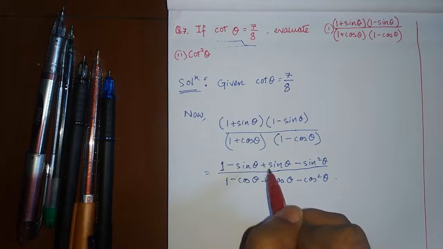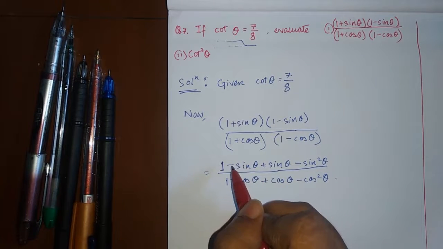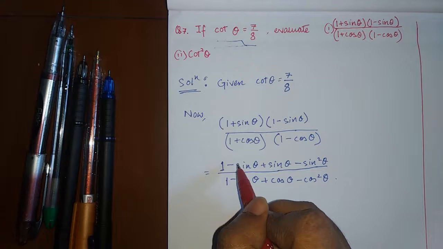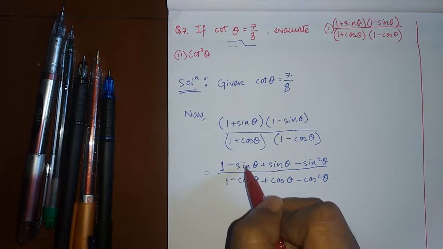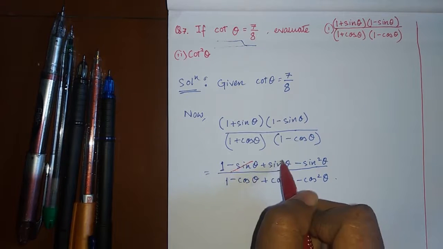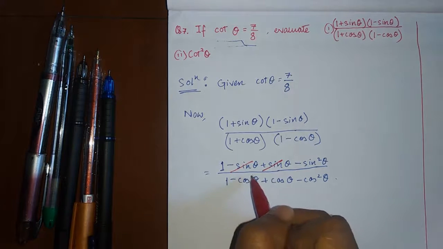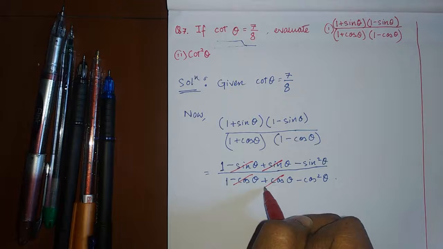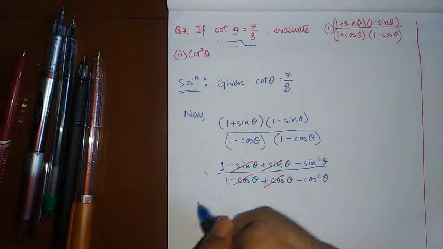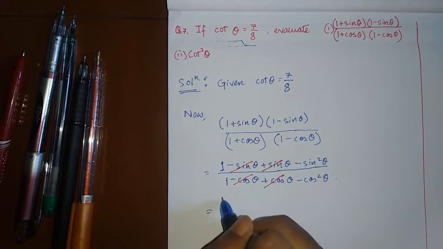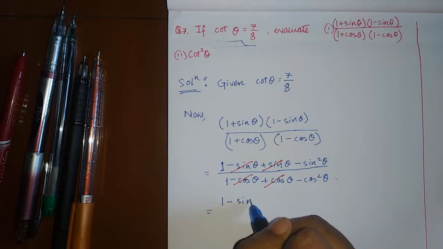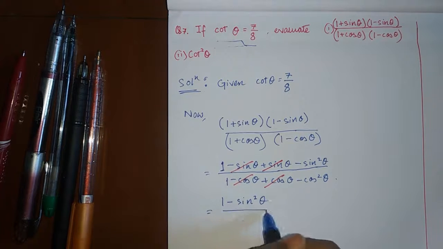Both are the same terms, but the sign is different. Here it's minus and here it's plus, so you can cancel these terms out. Similarly here, minus cos theta plus cos theta, cancel these terms out. So what will be remaining is 1 minus sin square theta by 1 minus cos square theta.